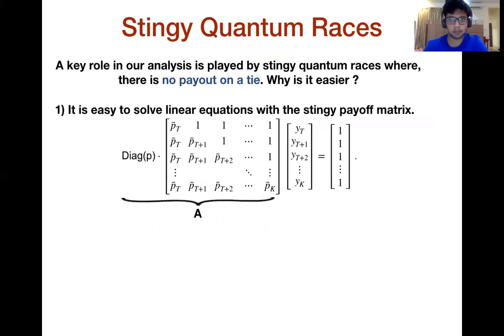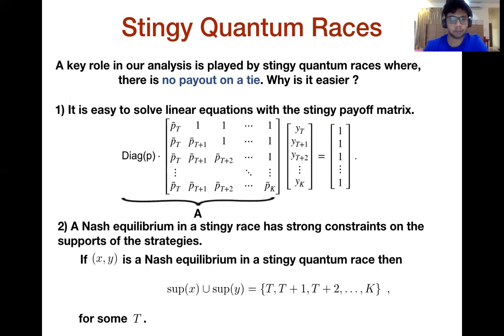The simple answer is that it makes the payoff matrix nicer in some sense, and it allows us to solve equations of this form Ay equal to 1 easily, and we get an explicit form of the Nash equilibria.